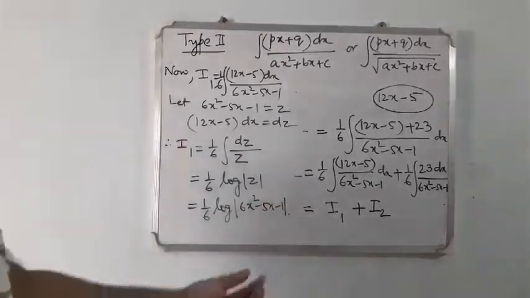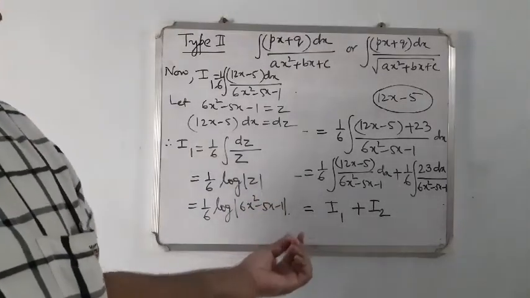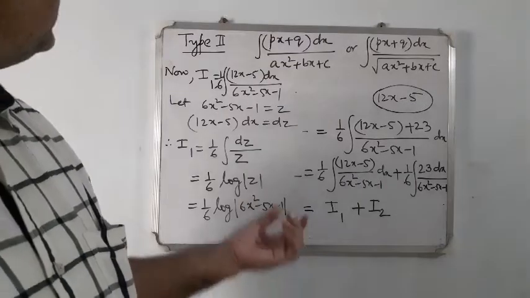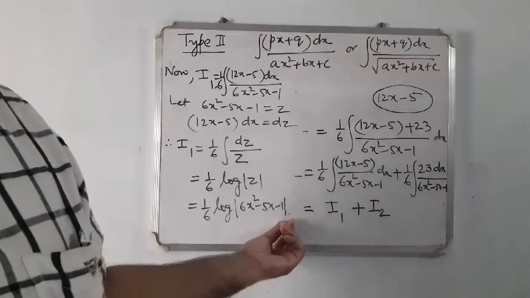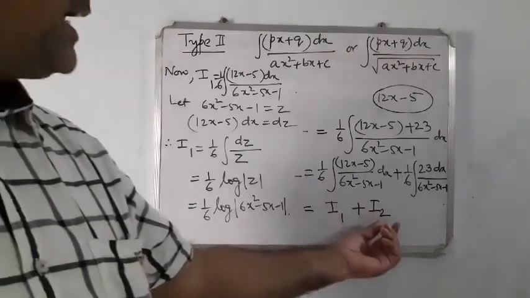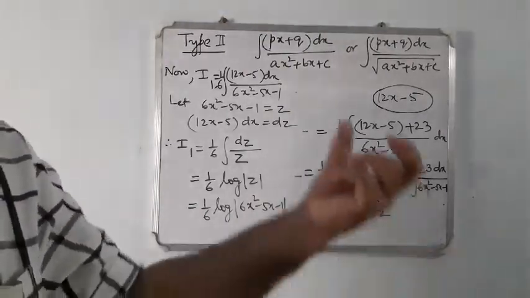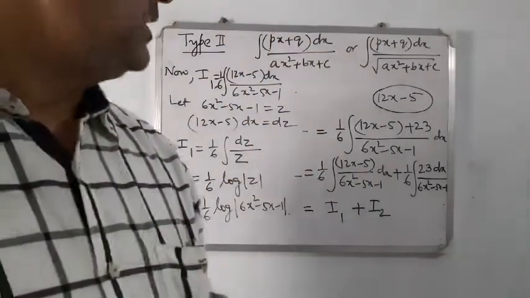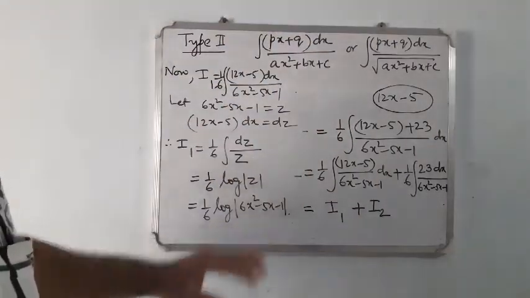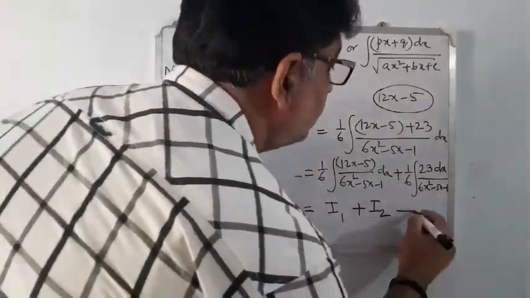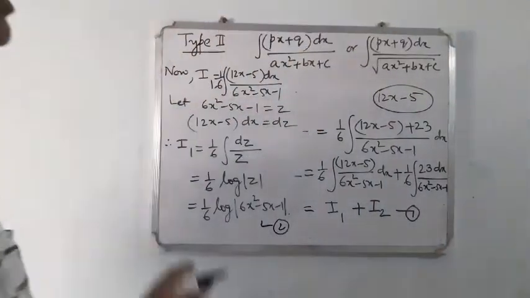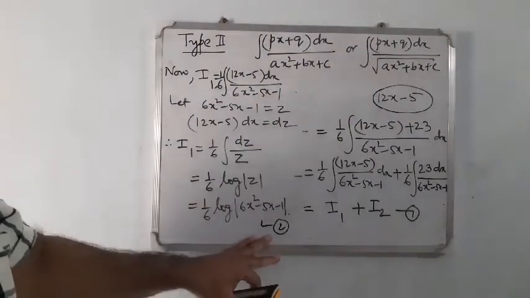So boys, do not try to put constant c here. We will add constant c in the last stage. Here you can write C1 for I1, you can write C2 for I2, and then C1 and C2 when merged together become plus C. So I1 plus I2 is number 1 and this one is number 2, the value of I1.